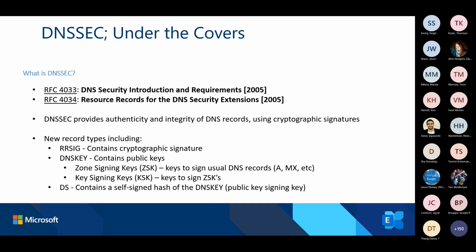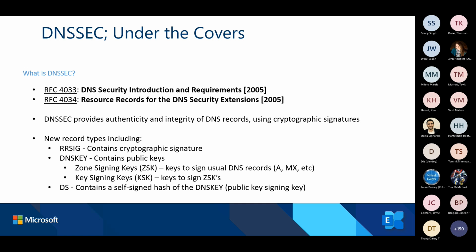It does both of these things through cryptographic signatures and X.509 certs, and introduces a handful, honestly, about 20 some odd new record types. And I'm only going to talk through 3 today, because these are the ones that are really required to understand the core concepts of DNSSEC, which are zone signing and then the chain of trust.